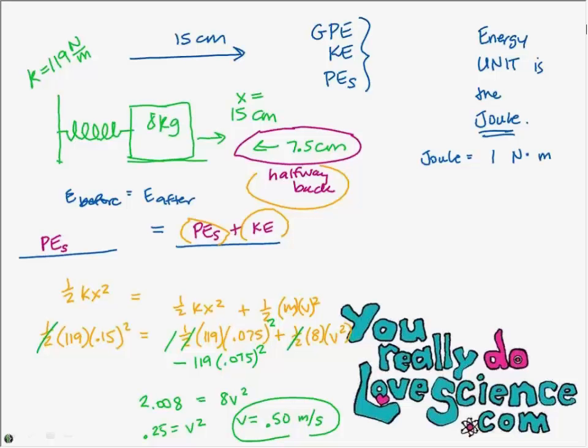In terms of other units, a joule is a kilogram meter squared per second squared. Not that you need to know either of those, as long as you know that the energy unit for potential energy and kinetic energy is joules. So if you have to answer a question like the kinetic energy equals blah, blah, blah, it's going to be in joules. And the potential energy of a spring equals, and then you'll say joules. Okay, so that's the unit.